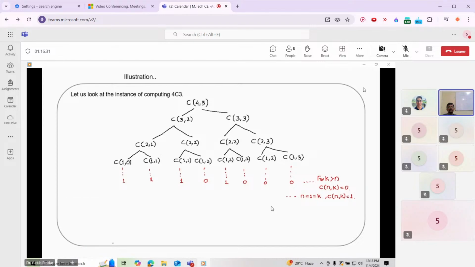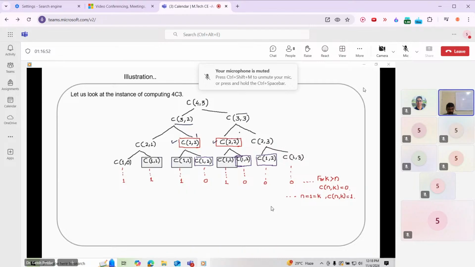Okay, so if you look here, there are some common computations which are coming up at some level. See here, C22 and C22. So while computing C of 32, you have to have this. When you are computing C33, you have to have C22. Okay. Similarly, when you go to the next level, these are common.